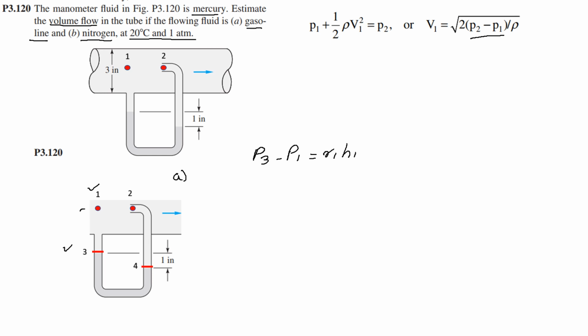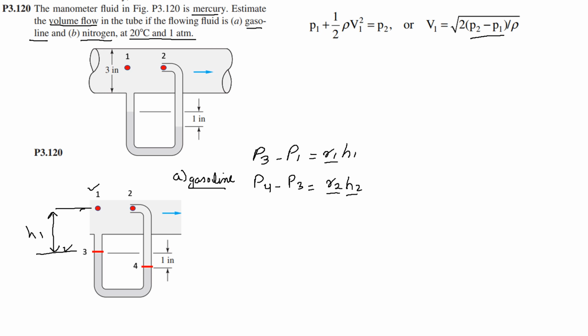For part A, it is gasoline, and for gasoline the specific weight is gamma 1, and I am calling this height from 1 to 3 H1. Now from point 3 to 4, P4 is at depth, so P4 minus P3 is equal to gamma 2 H2. So here gamma 2 is the specific weight of mercury and H2 is the differential height between 3 and 4.